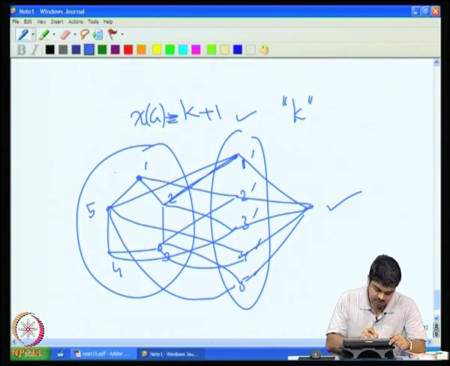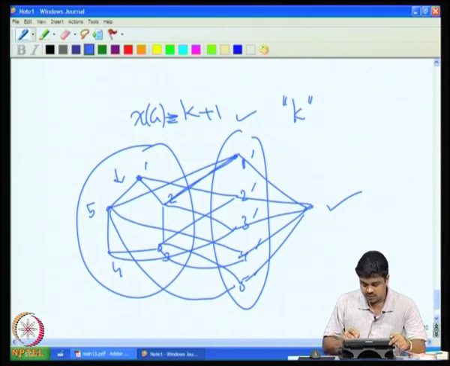So, you start with a k chromatic graph without a triangle here, and then suppose there are n vertices, you make copies of n vertices here. Each vertex will be made adjacent to the neighbors of its corresponding vertex in the original graph, and then finally we will add one vertex last, and it is connected to all of them.